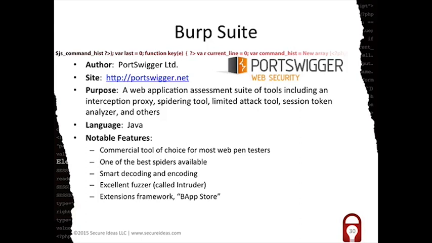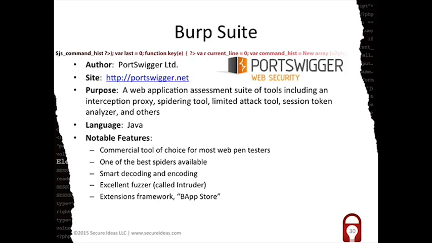Burp Suite is PortSwigger's product. It's equivalent, I guess, to ZAP proxy. I actually like it better. There are certain aspects of the interface that I find a little bit more intuitive, and maybe that's partially because I use it more often.